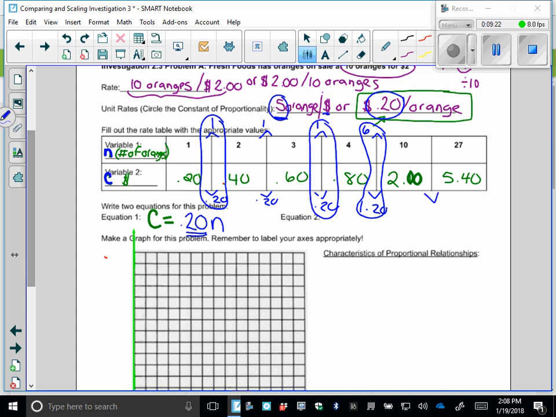Like how far apart are these? 340, right? How many oranges? 17. How many times does 17 go into 34? 2, right? So it's at $3.40.